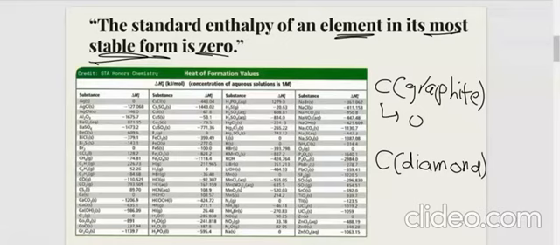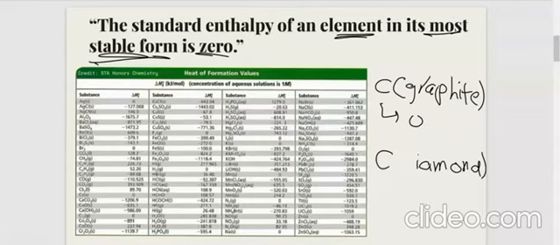But we rarely find diamond in nature. People take graphite and put it under high pressure and temperature to make diamond, so its standard enthalpy of formation is a number that is not 0, which is 1.9 kilojoules.